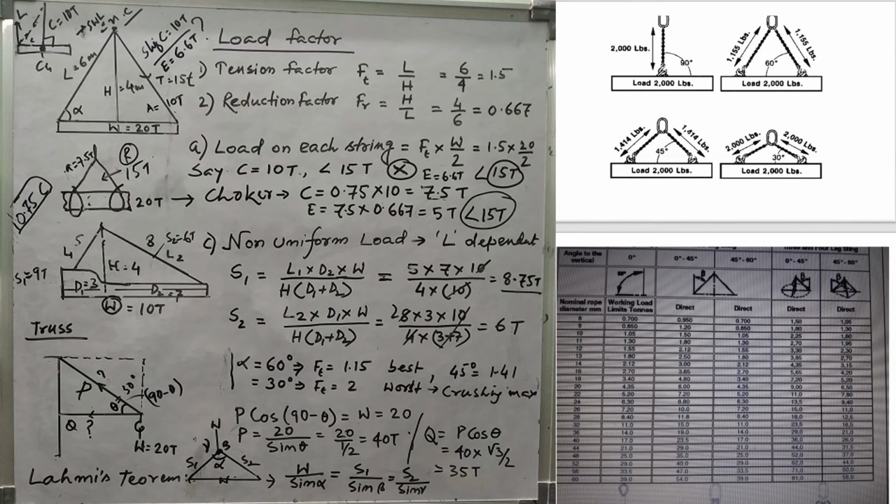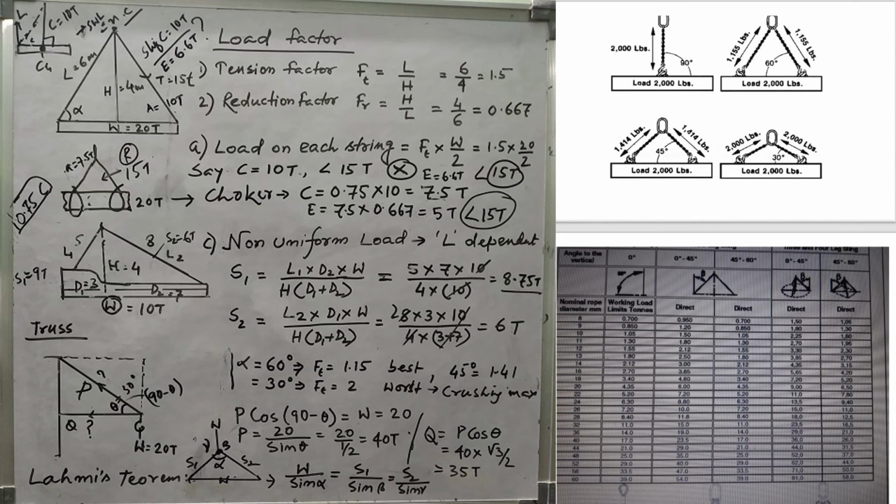For an uneven, unsymmetrical load, one end is heavier, another one is lighter. So how is the load factor there? Let us see. String 1 is L1 into D2 into load divided by H into D1 plus D2, and string 2 capacity is L2 into D1 into W divided by H into D1 plus D2.